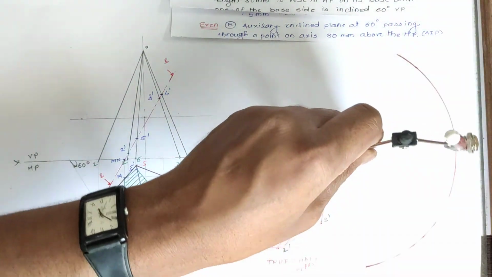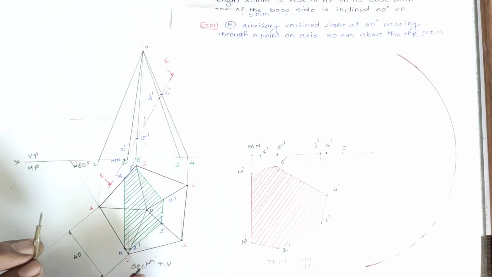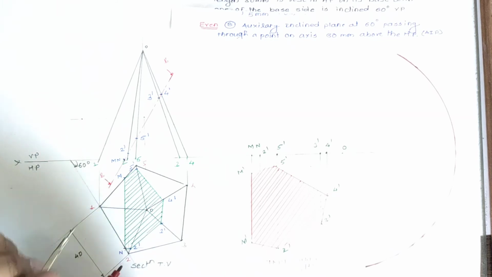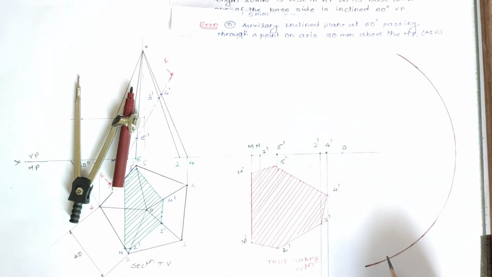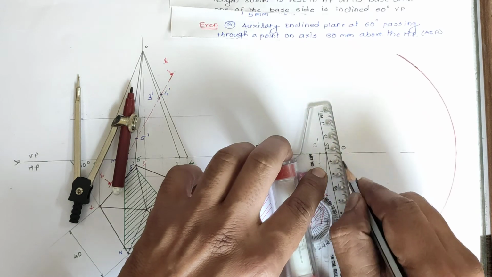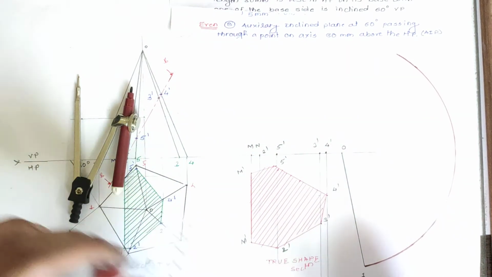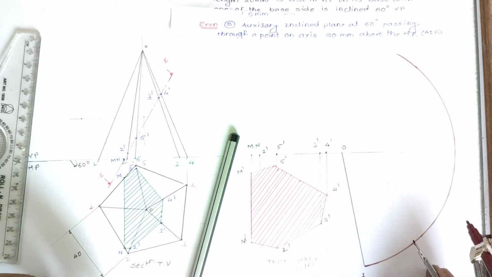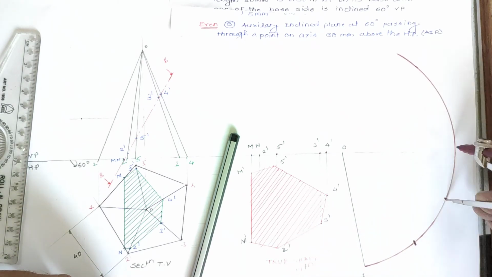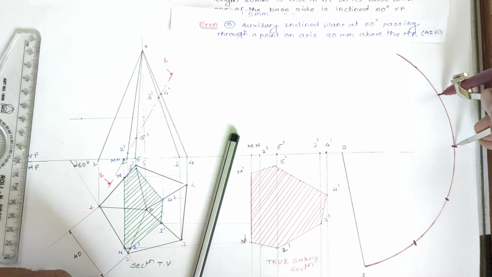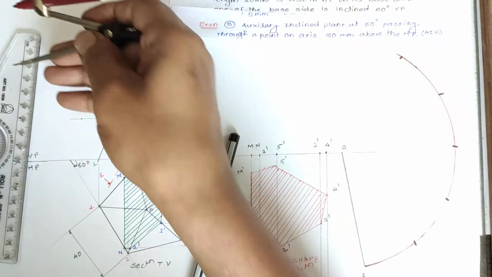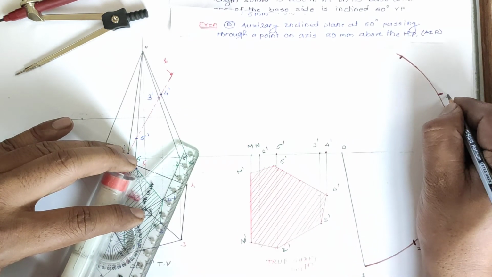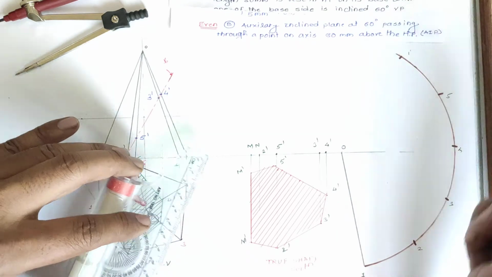For the development of this problem, draw the arc, take the base side distance, that is 1 to 2, 40 mm. First mark the point 1 and divide the arc into 5 equal parts: 1, 2, 3, 4, 5 and 1.